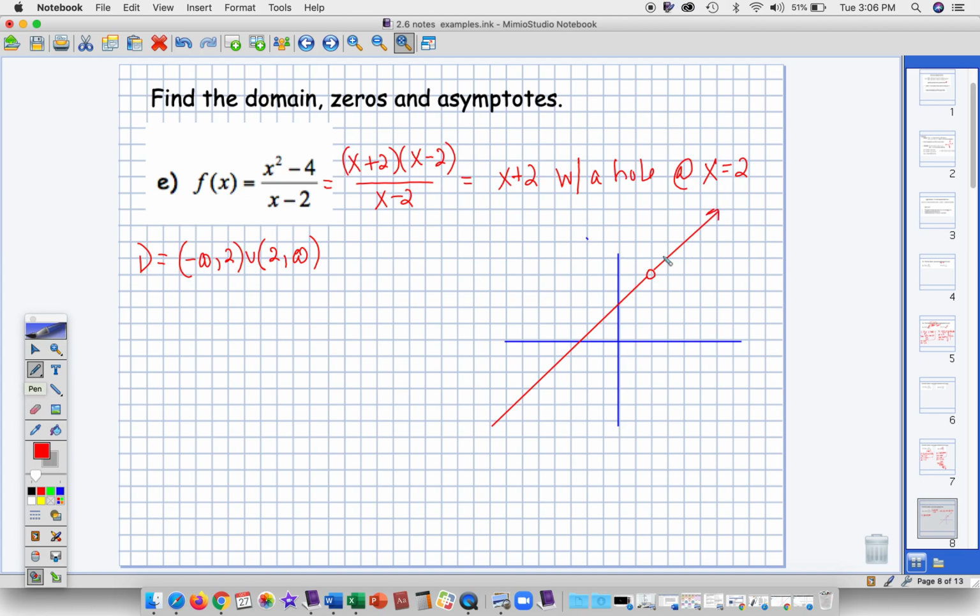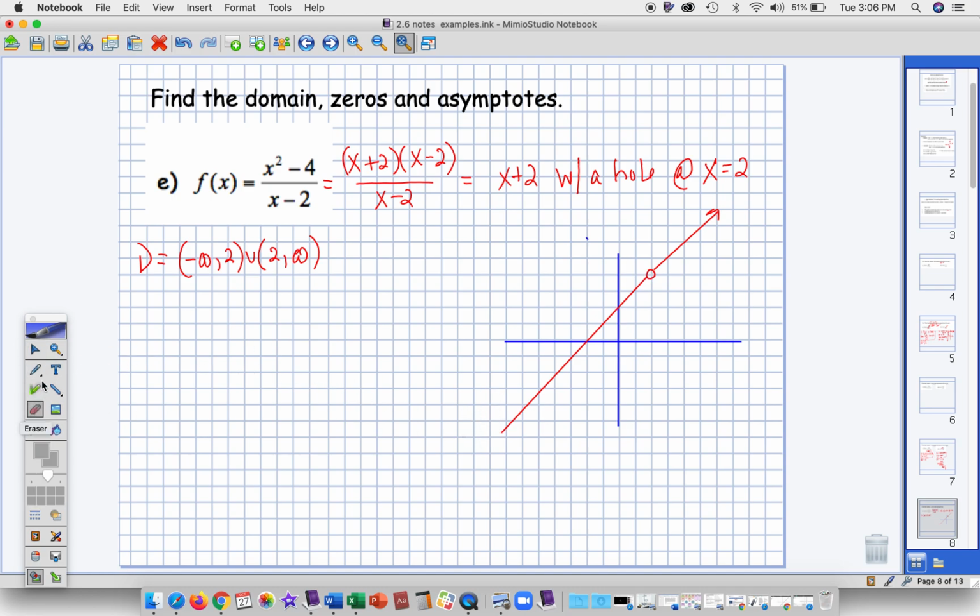Again, this would be hard to see. I'm not sure about Desmos, but I know on the calculator, if you zoom in, it's really difficult to see. But you could check this on the table. If you go to your table on your calculator, it's going to give you an error for x equals 2. So the zeros, oh gosh, again, I'm a little bit off here. Sorry about that.